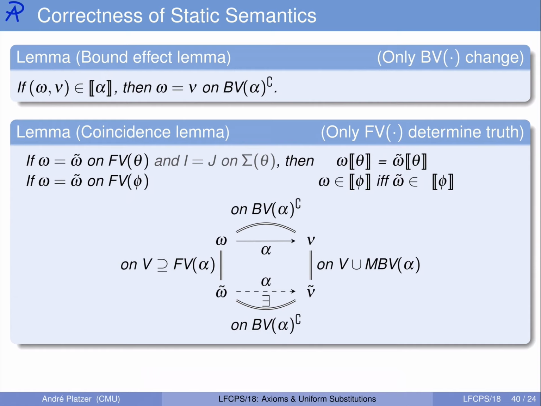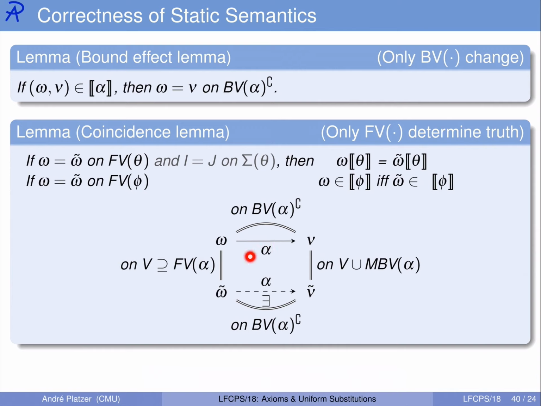For programs, it's even a little bit more subtle. It goes as follows. If we run a program from an old state to a new state, then certainly by the bound effect lemma do we know that these states will have to agree on the complement of the bound variables, because only the bound variables at most can possibly be changing.